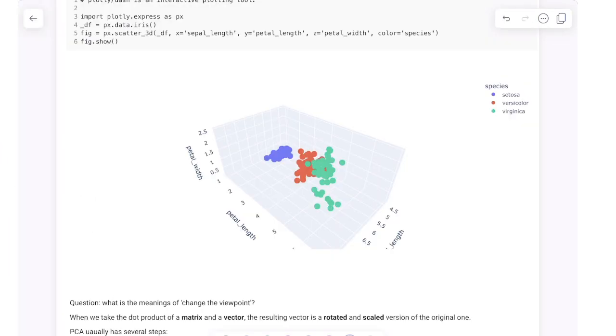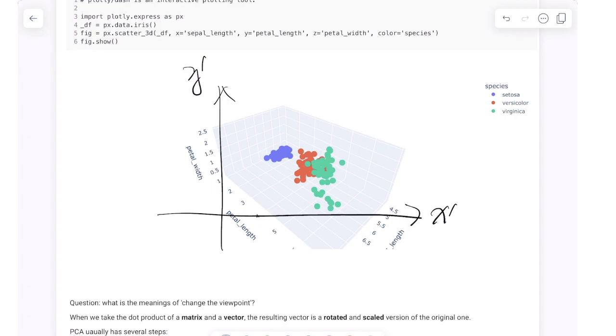So if we rotate the data in a certain way, that will be the new X axis, that will be the new Y axis. Originally we have X, Y, and Z, right? If we can perform PCA, it becomes X prime and Y prime. If we can do such a thing, that is dimension reduction, right? And we hope after the rotation, we can observe the data better.